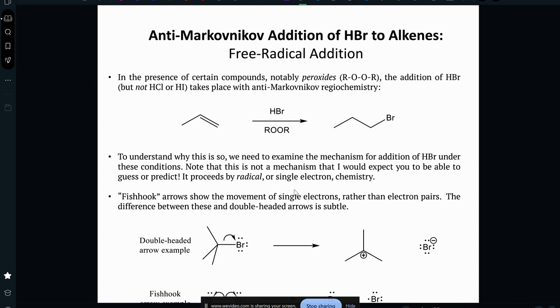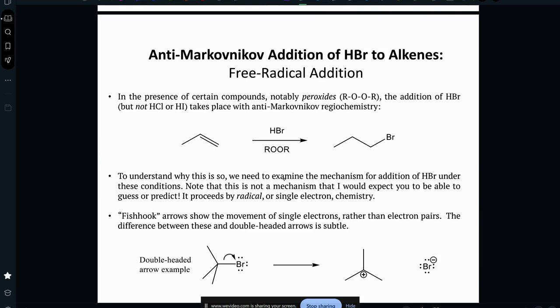We know that when we react an alkene with HBr, we expect to get a Markovnikov addition. Right? We've seen this reaction before where we're going to add the bromine to the more substituted carbon. But it turns out sometimes chemists carrying out this reaction found that they were getting an anti-Markovnikov product and they couldn't figure out why.